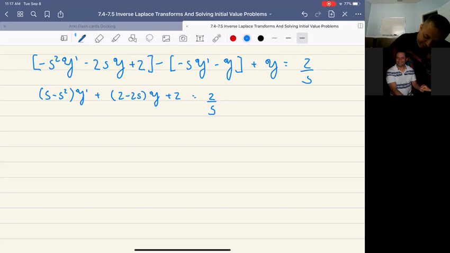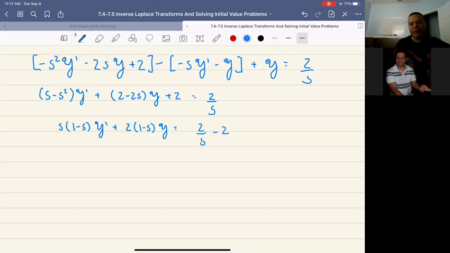Let me write this as s times 1 minus s y prime plus 2 times 1 minus s y equals 2 over s minus 2.